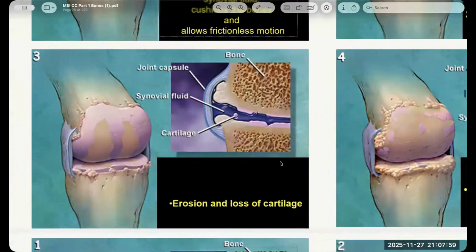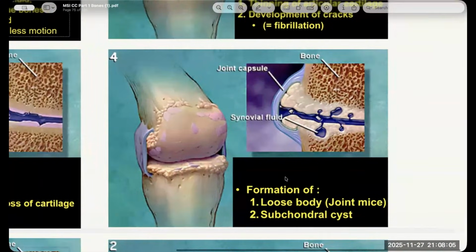These will cause erosions and loss of cartilage, and later will form loose bodies, also called joint mice, and subchondral cysts. We can see them here, floating in the synovial fluid.